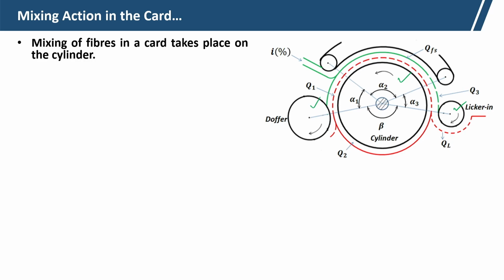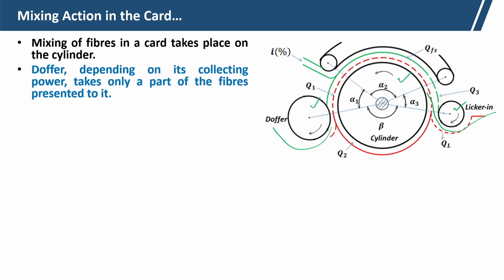Licker-in takes material from the feed roller and directly transfers it, and similarly the Doffer directly takes the material and transfers it to the delivery zone. Doffer, depending on its collection power, takes only part of the fibers presented.